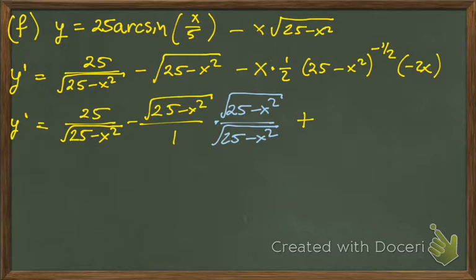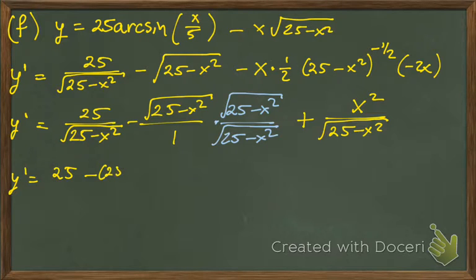Then rewriting, you've got a negative here and a negative here, so those will offset each other. The 1/2 and the 2 will also offset each other, and then the x times the x will give us an x squared. So we need x squared over the square root of 25 minus x squared. That's going to be 25 minus, and when we multiply these two together, the square roots will absorb.